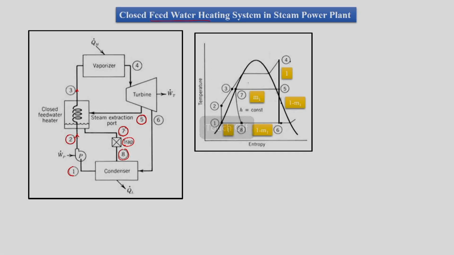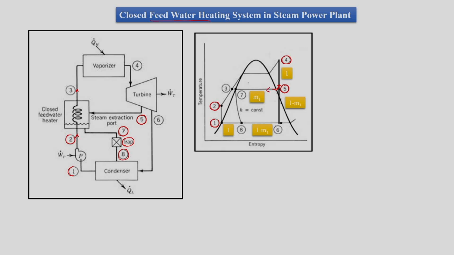Then how to draw the TS diagram. We have state 1 to state 2 as pumping. Parallelly we have state 4 to state 5 as turbine. So here we are in state 5. Then from 5 we have taken M1 mass for the regeneration process or feed water heating.